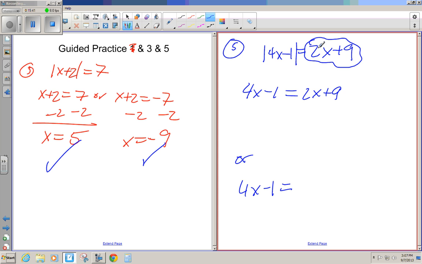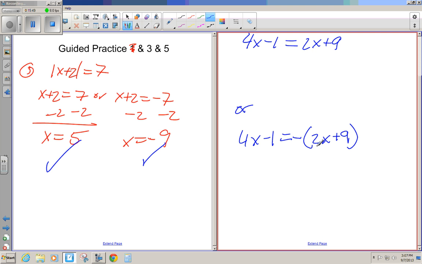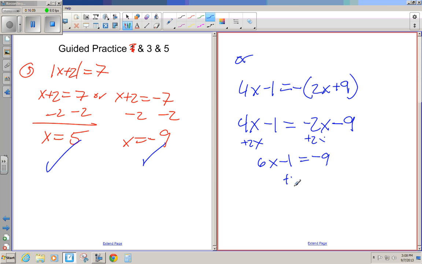Now the opposite of this would be the negative 2x plus 9 like this. So this ends up negating the 2x and the 9. So add 2x to both sides. Add 1 to both sides.